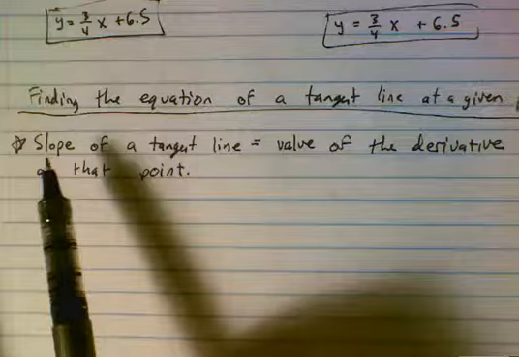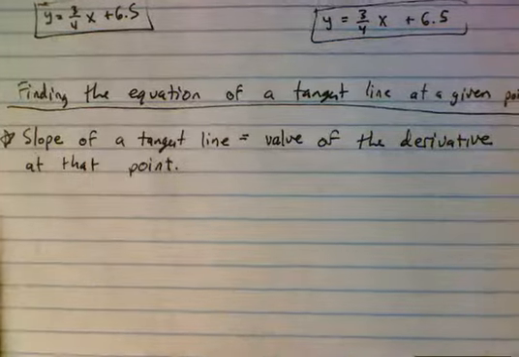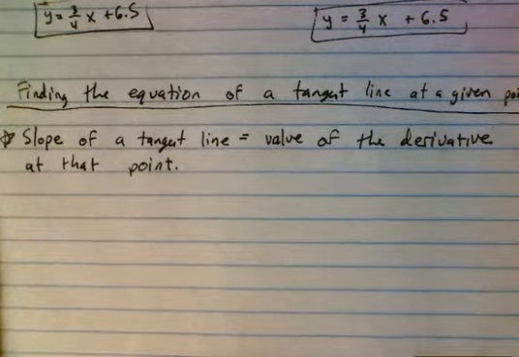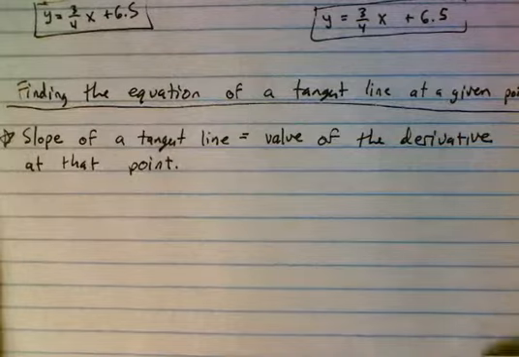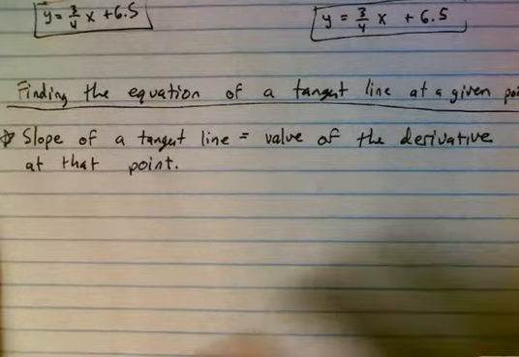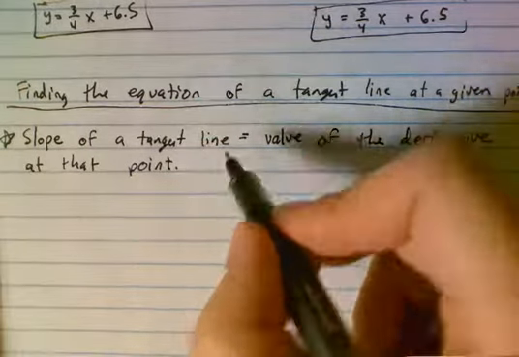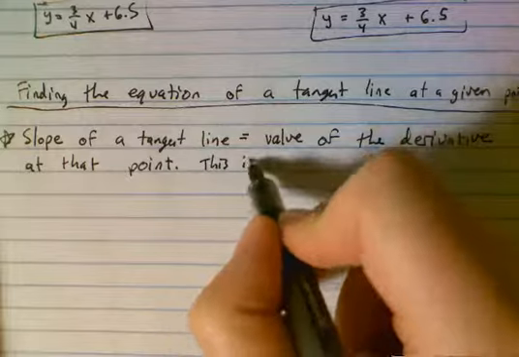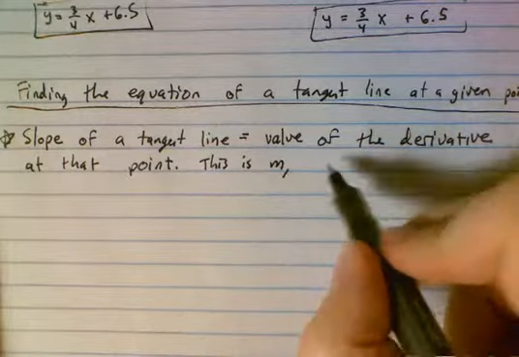Remember, this is one of our definitions of the derivative, as the slope of the tangent line, or the instantaneous rate of change. So if you're looking for a tangent line, your slope is right there, coming out of calculus. This is going to be our m, and then the point is generally given.